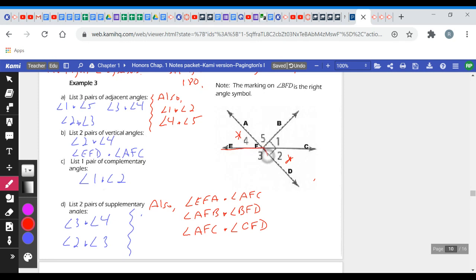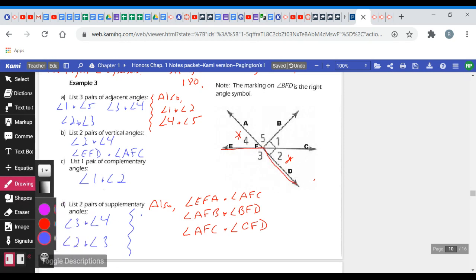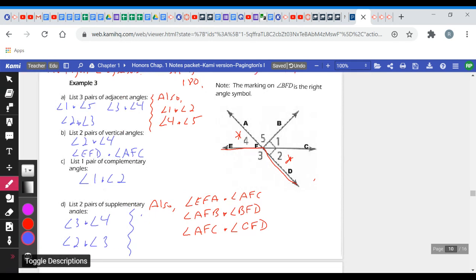EFD goes from here to here, and AFC goes from here to here. You can see AFD forms a straight line, or 2 opposite rays, and EFC forms a straight line or 2 opposite rays. So this angle and this angle would be vertical angles and therefore would be congruent.